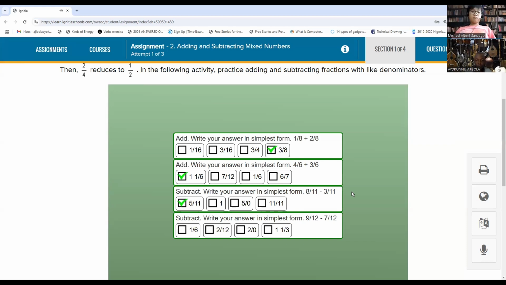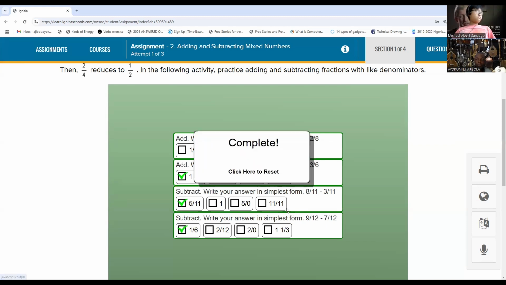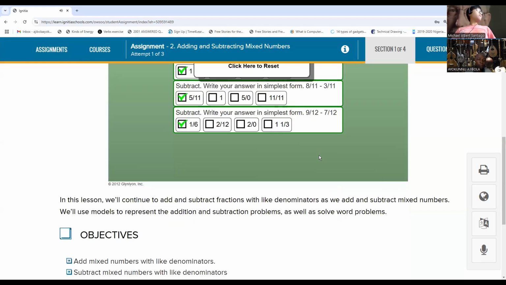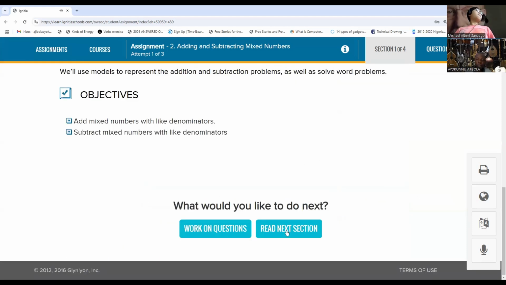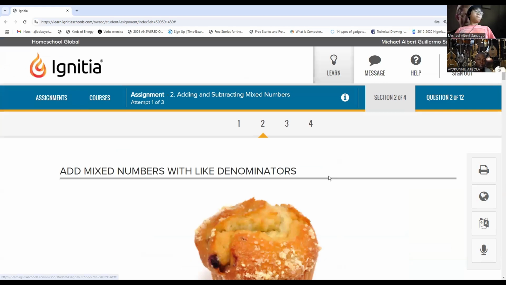And 9 over 12 minus 7 over 12. 9 minus 7 is 2 over 12, and 2 over 12 is 1 over 6. That's clear, right? Okay, the next one.